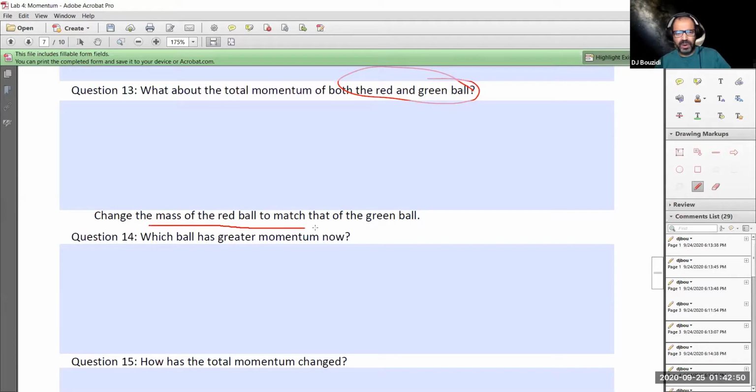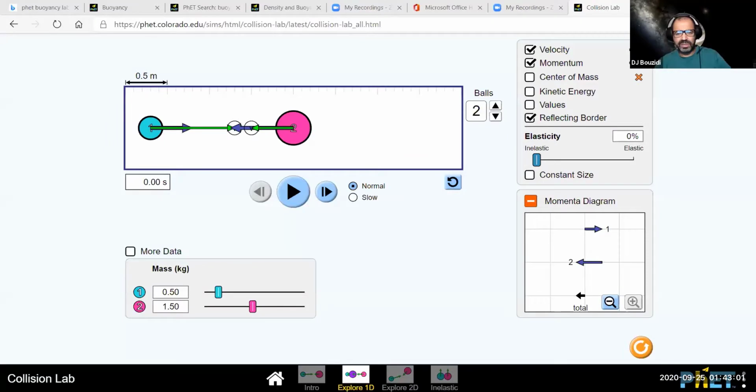Change the mass of the ball to match that of the green ball. Let's stop that. So which mass do we have to change? We're changing the red ball so that it matches the green ball. So the red ball, we want to make it exactly matching the other one.